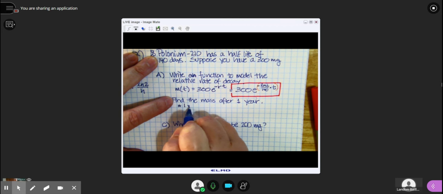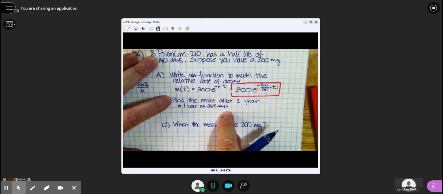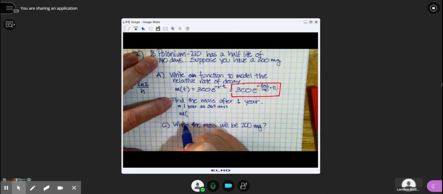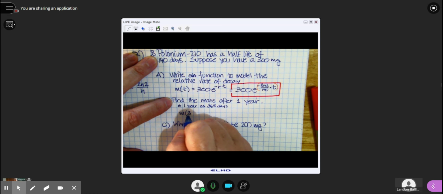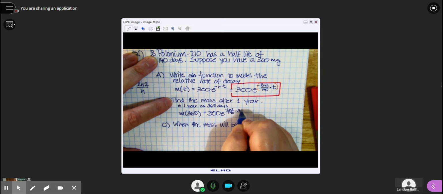I have to use 1 year as 365 days because my time has to be in the same unit. Therefore, my m of t is m of 365. And that's going to be 300 e to the negative ln2 over 140 times 365.